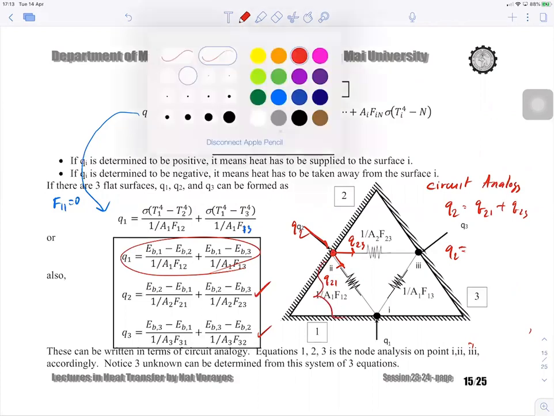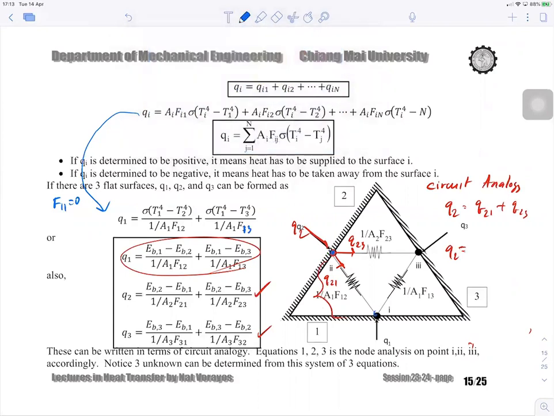because it's across this resistance. So let me make it blue, okay? Across this resistance. What is this resistance again? It's equal to 1 over A2F21, which happens that 1 over A2F21 is going to be equal to 1 over A1F12, right? Because of the reciprocity relationship.